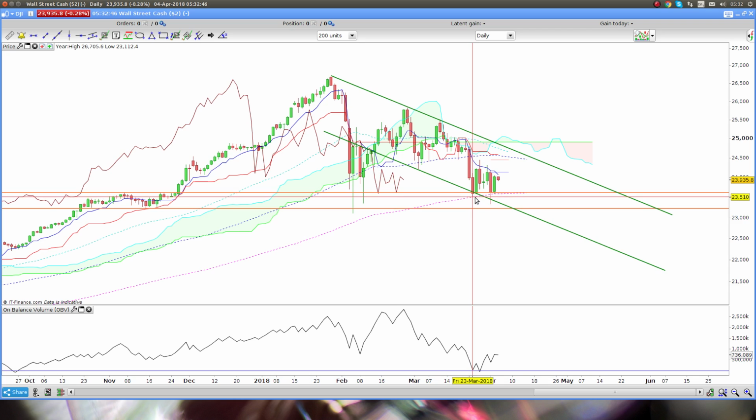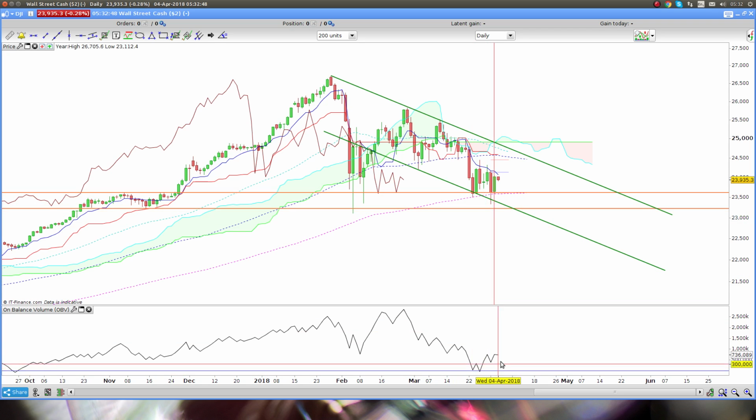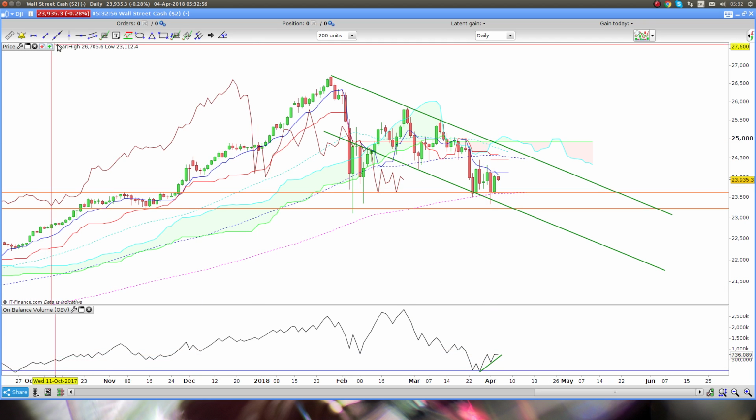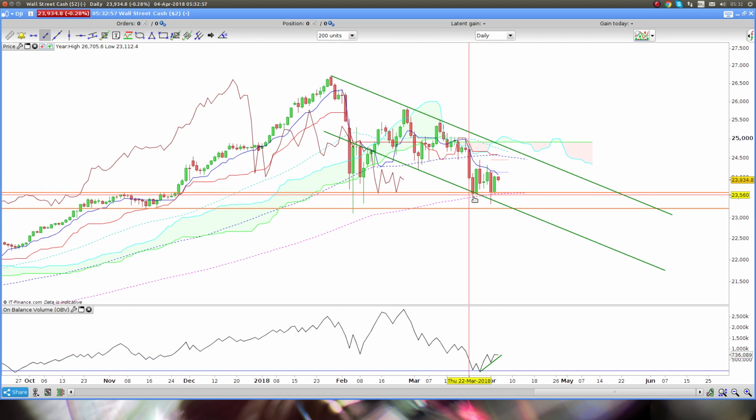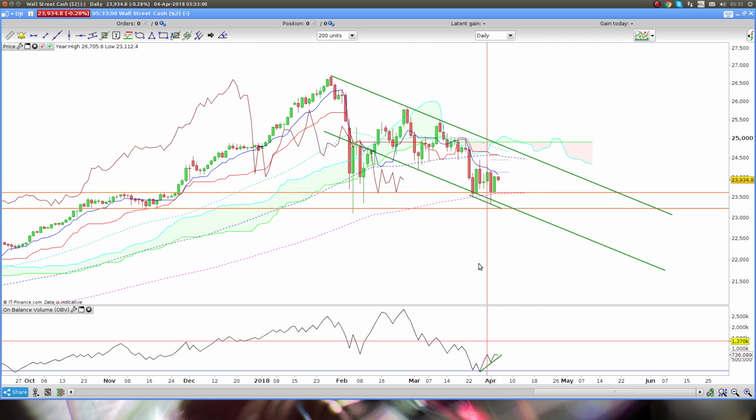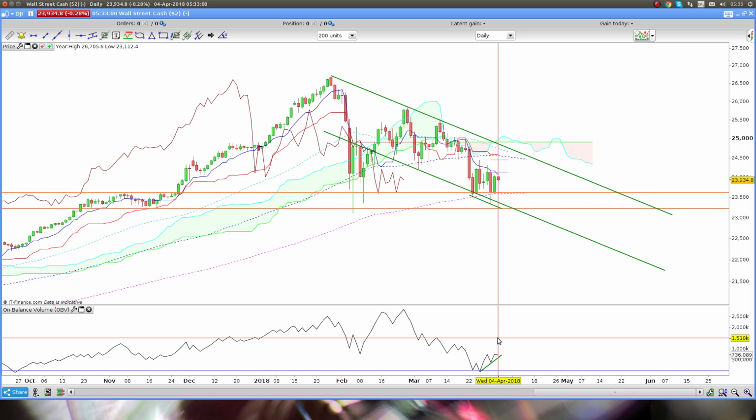And if we look here, price is moving to the downside and the OBV is moving to the upside. So we have divergences there and we have divergences there. So on the daily, we've got divergences between price and the OBV. We're on maybe quite a big support level.